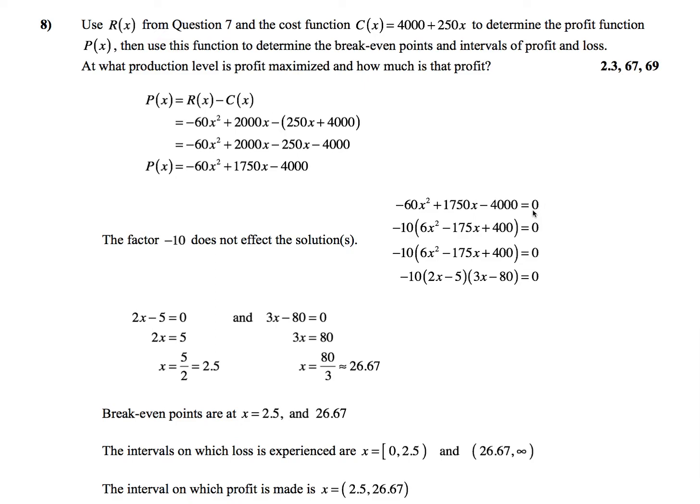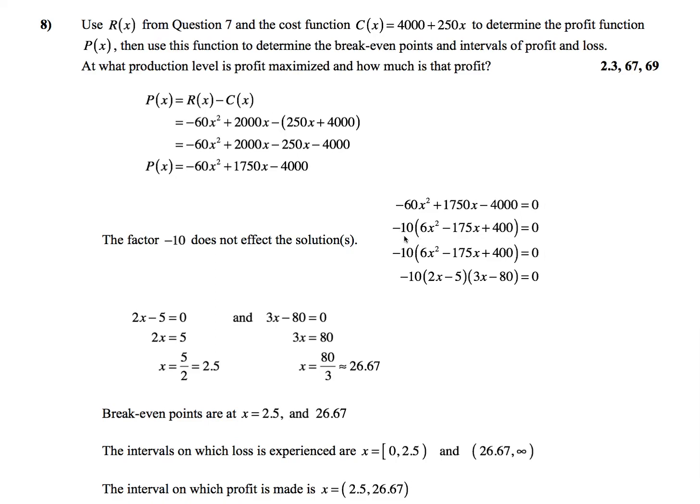On your test question, divide out the biggest number you possibly can from these three terms. In this case, it's -10. Include the negative, and don't make that part of your calculation for your solution, because it's not going to affect the value.